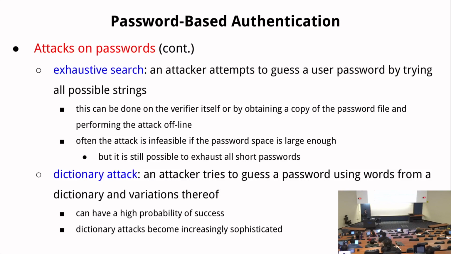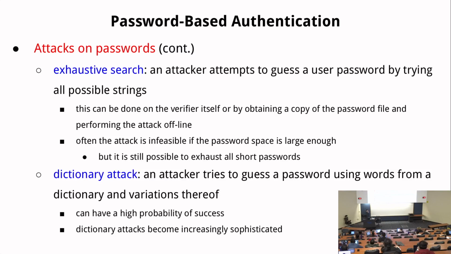But with all those approaches, you can see the implied assumption here is that the attacker believes all the passwords have the same possibility. All the passwords in the password space have the same possibility to be a password. Okay, there's a uniform distribution there. But obviously, this assumption is not correct.